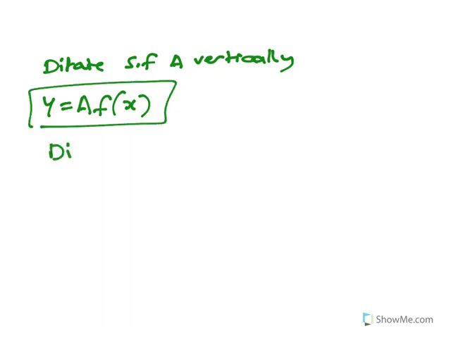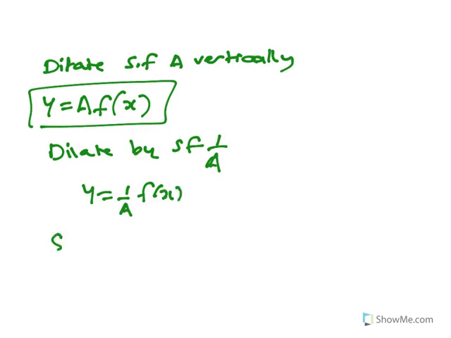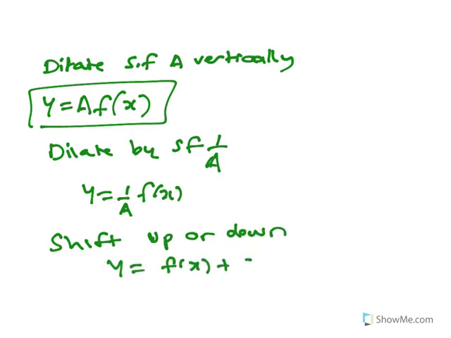If you're going to dilate by a scale factor of 1 on a, put a 1 on a in front. And then you could also shift it up or down. So that would be f of x plus c, or f of x minus c.